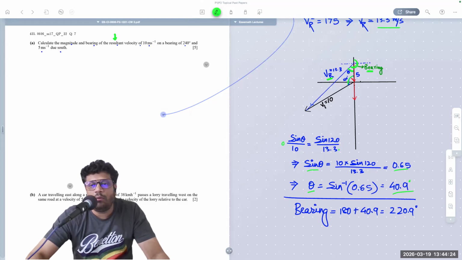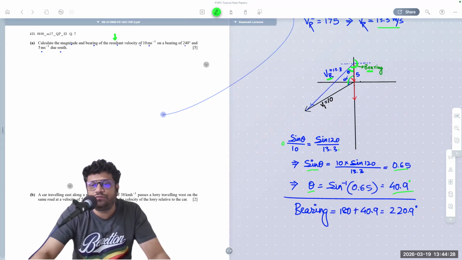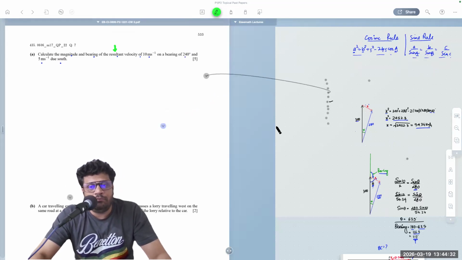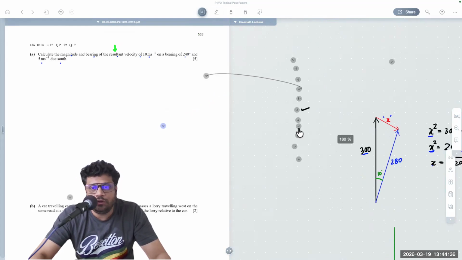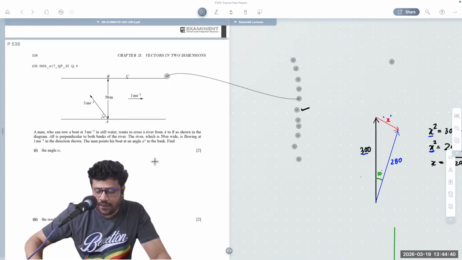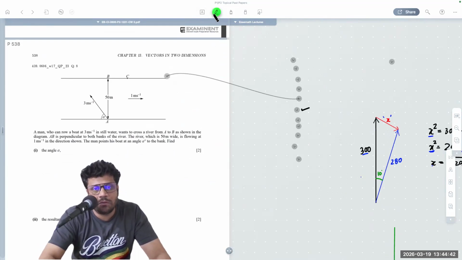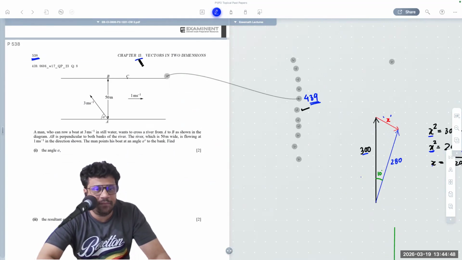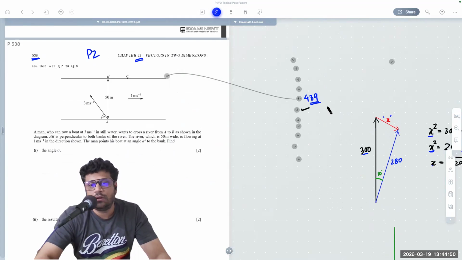Okay. Now what I do is I tell you the questions you would want to do just to finish off this concept. You write them down. The P2 book you want to go to. In the P2 book, you want to take up 439. Let's write them down. That's question number 439, page number 538, chapter 13, P2 book.